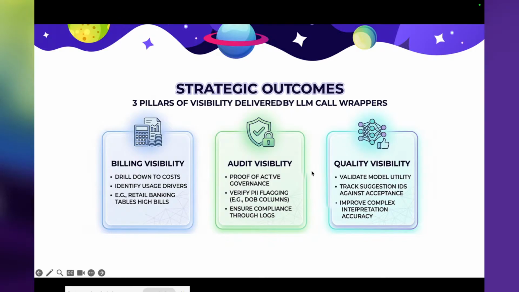So that's quality visibility. Here we get control over our cost, we have proof established for our security, and it is all measurable, right?